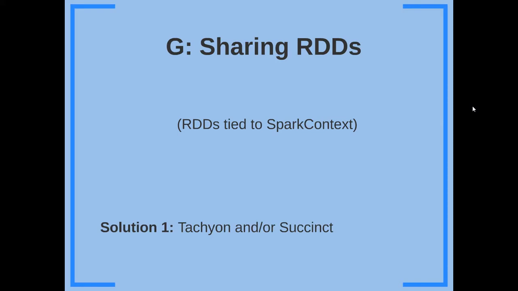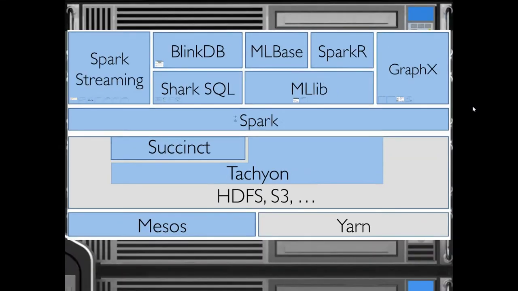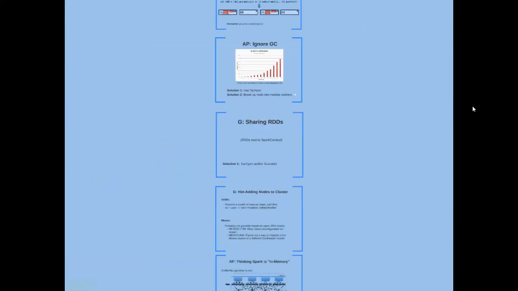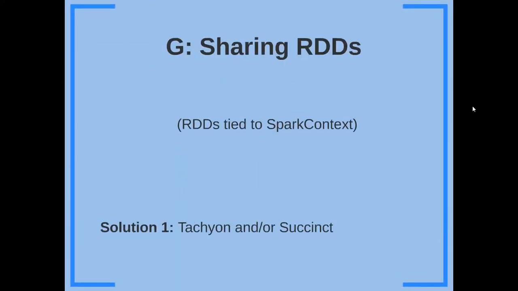So, one solution, again, is to use Tachyon or Succinct. Succinct is a new layer that can sit on Tachyon that provides a key value store. And then, since Tachyon is basically a file system, you could have multiple Spark contexts access the same files.